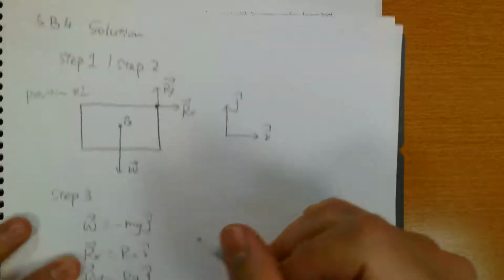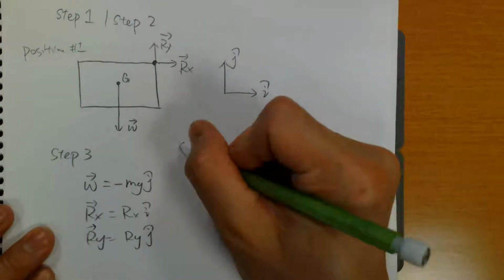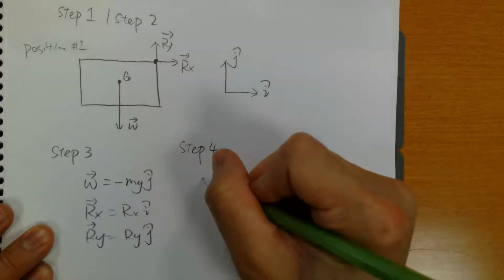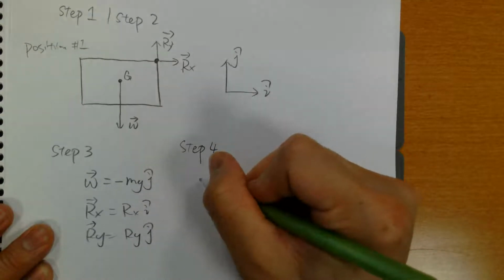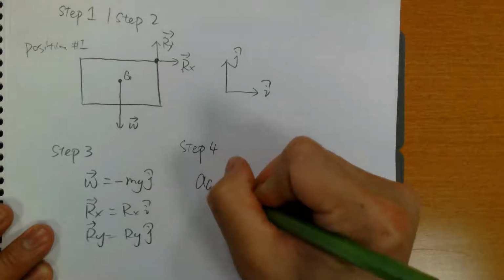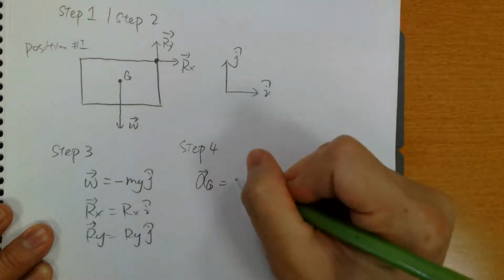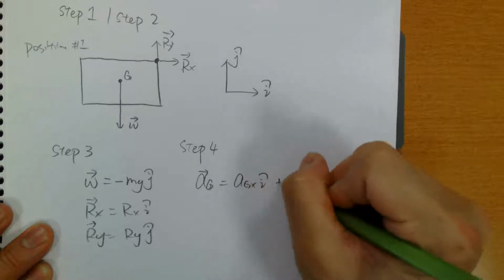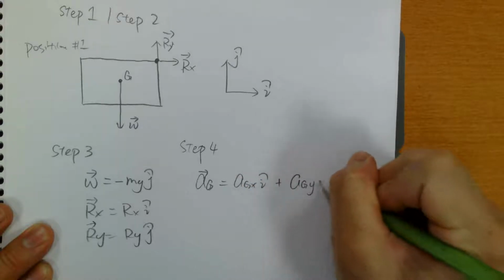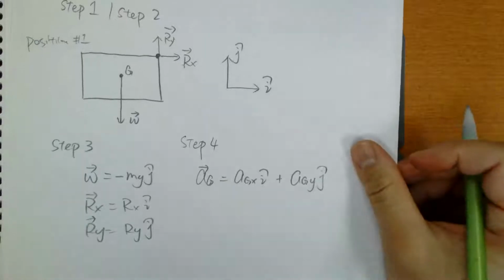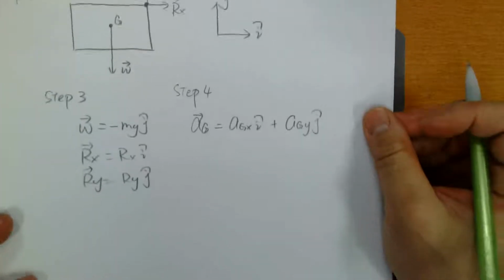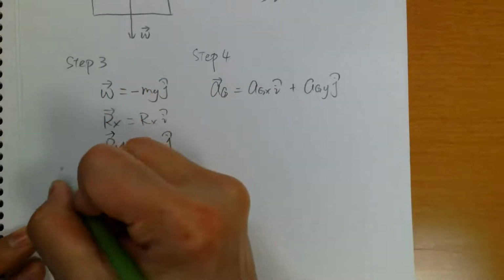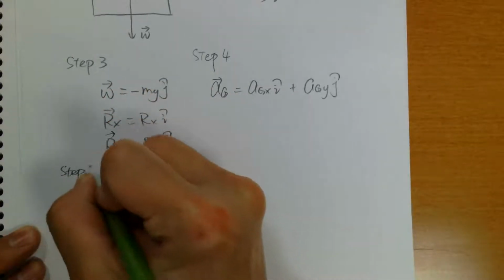So that's all the forces in vector form. And step number four, we're going to write the acceleration at the mass center in vector form. So Ag is going to have two components, Agx i plus Agy j. Okay, so that's the first four steps. Should be pretty easy.